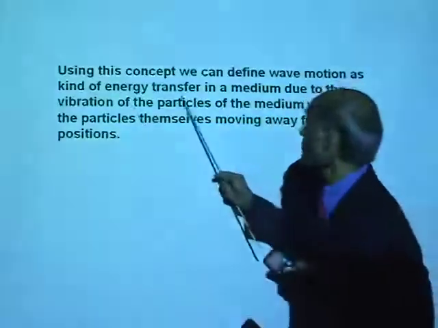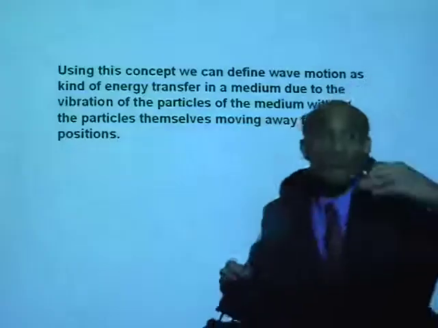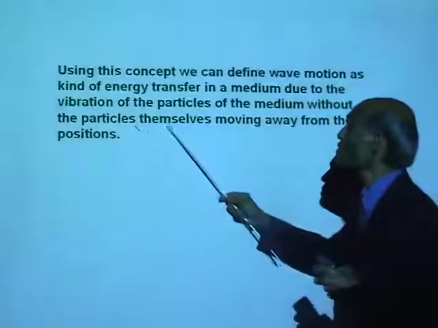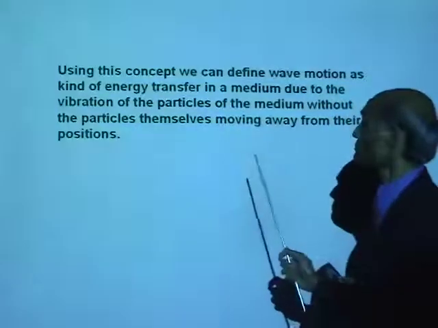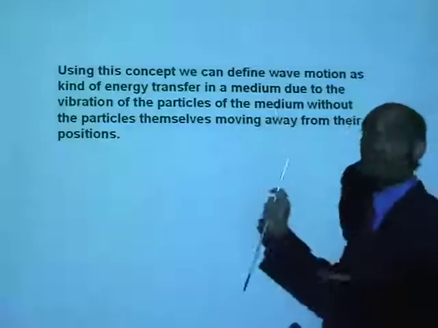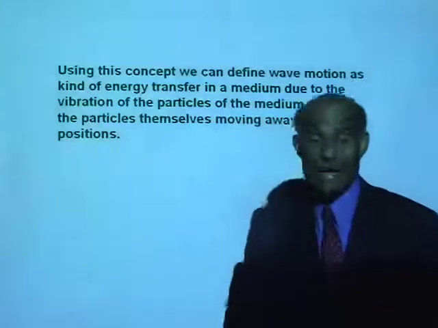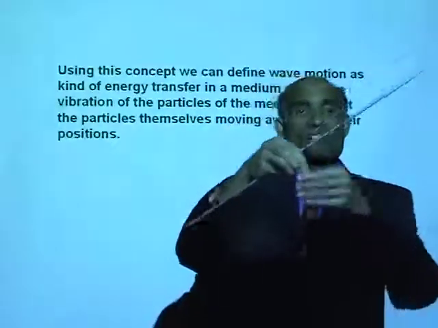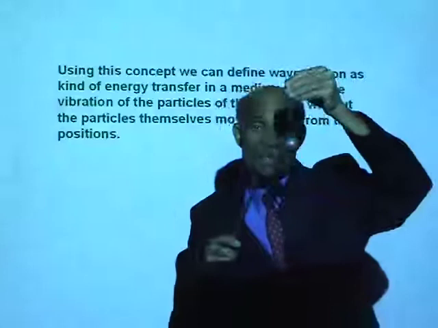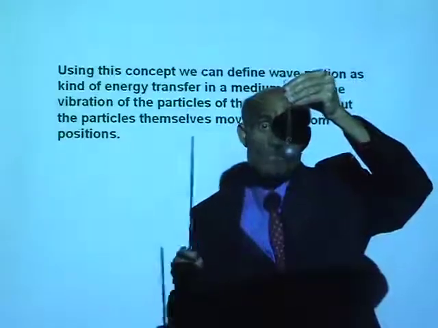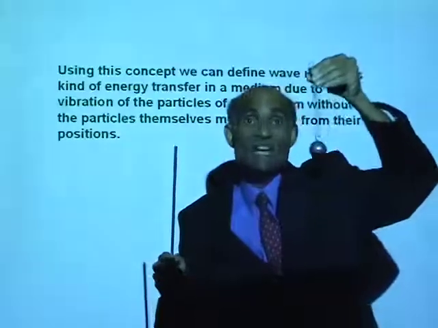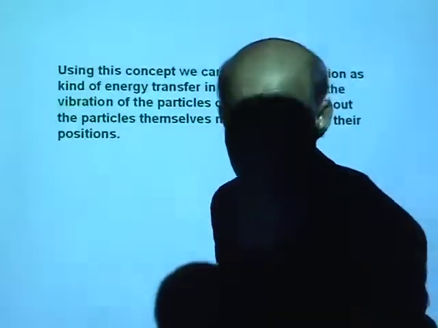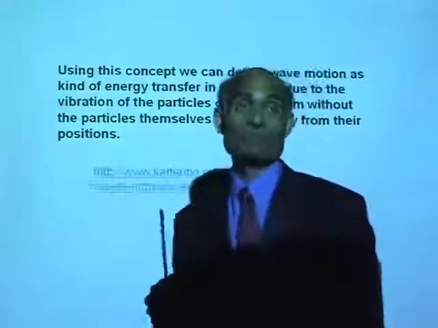So, energy transfer in a medium due to the vibrations of the particles of the medium, without the particles themselves moving away. Each particle will simply vibrate up and down. This particle will not move away from its position. It will stay in its equilibrium position. The particles themselves do not move away from their respective positions.